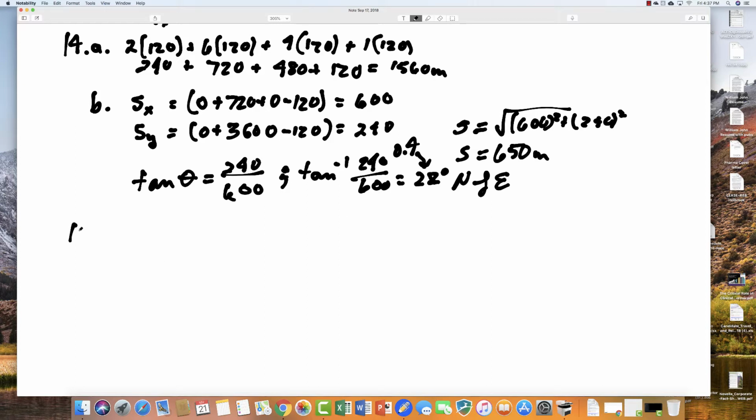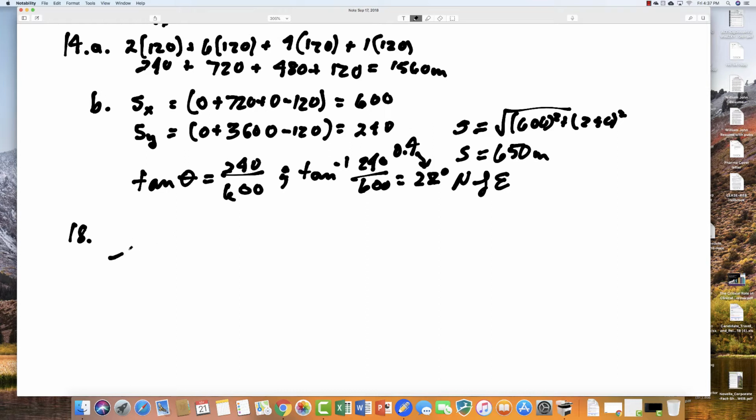We'll do one more before we switch parts. Number 18 states the following. You drive 7.5 kilometers in a straight line in a direction 15 degrees east of north. Find the distances you would have to drive straight east and north to arrive at the same point.